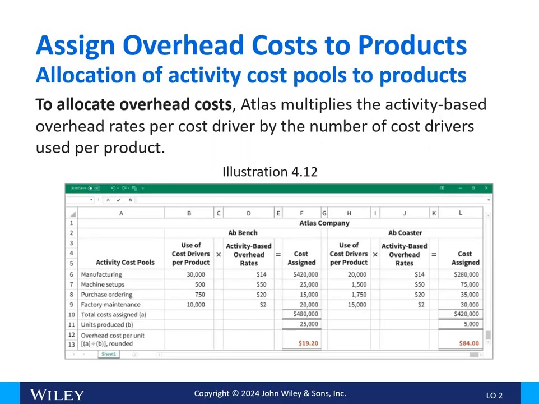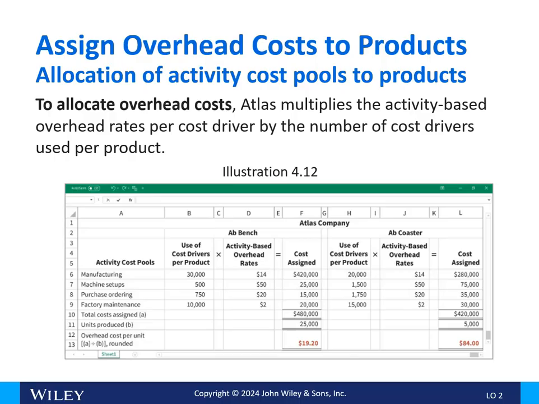Now we can allocate the overhead costs simply by multiplying the rate times the use of the cost driver. So on the left we have the bench, 30,000 hours for manufacturing at $14 is 420,000. 500 machine setups at $50 is 25,000. 750 purchase orders at $20 each is 15,000.